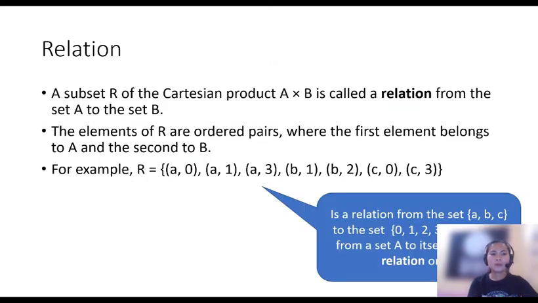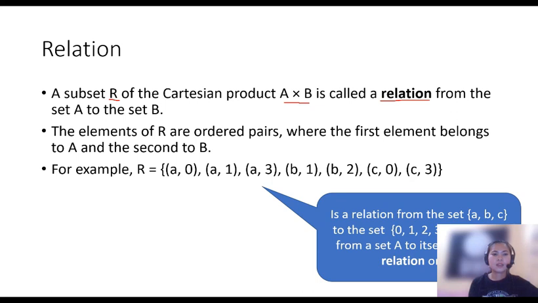Okay, so relation. So, a subset R of the Cartesian product A and B is called relation. So, yung resulta natin na nakuha kanina sa mga example natin after doing or showing the Cartesian product of 2 set, yung result natin or yung solution natin, we call that relation.